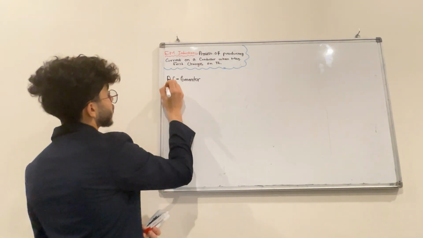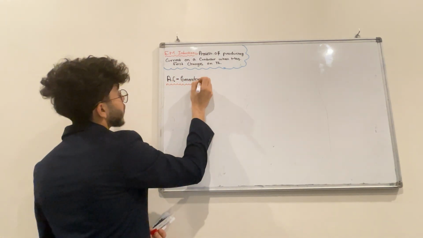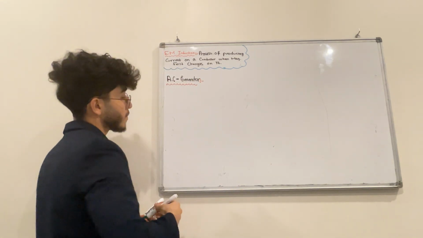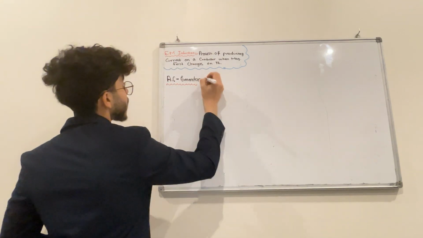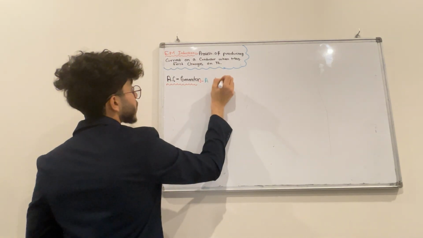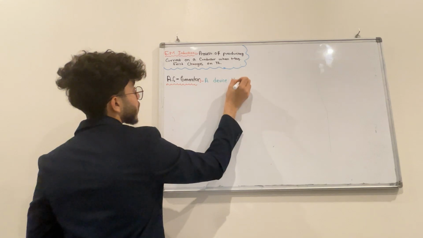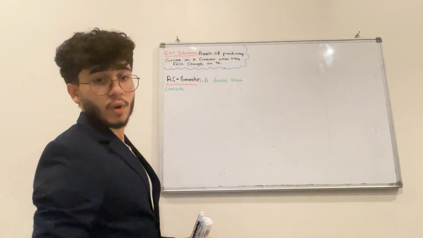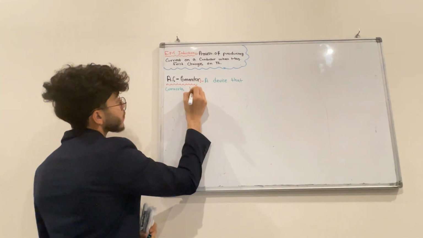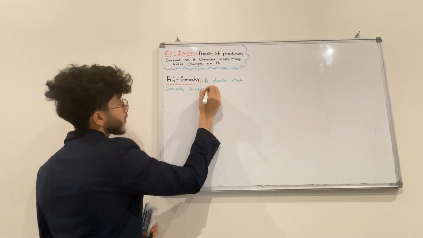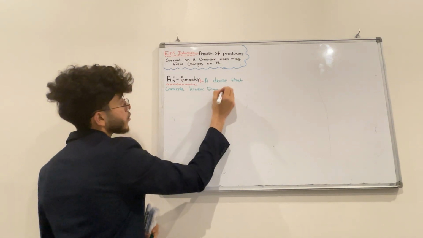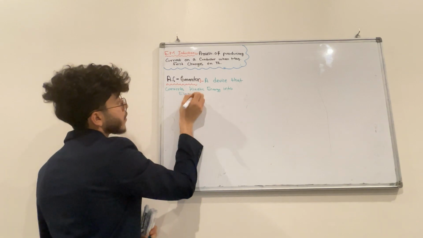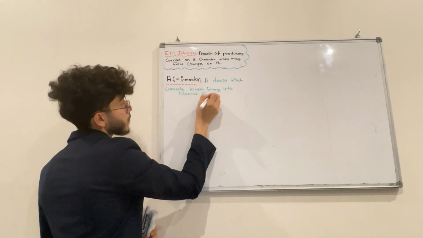First of all, the definition, of course, of the AC generator. The AC generator, like I said, is a device that converts kinetic energy into electrical energy.